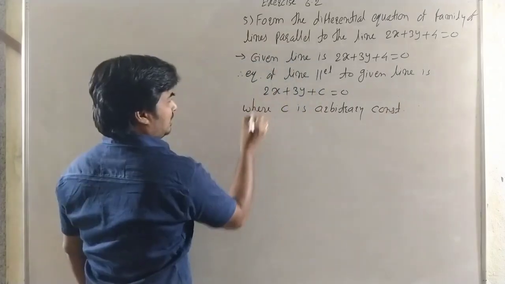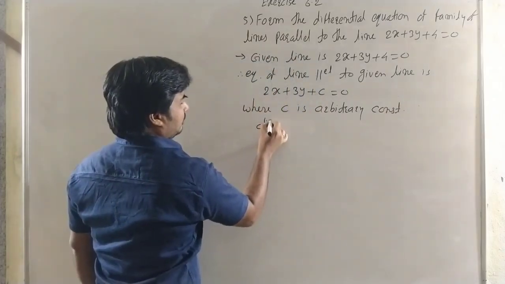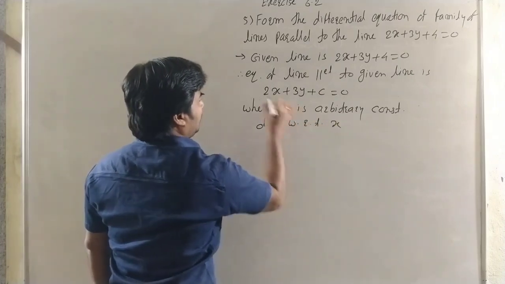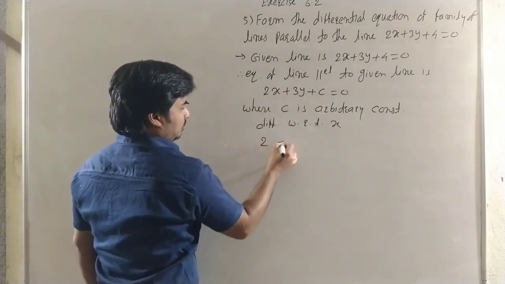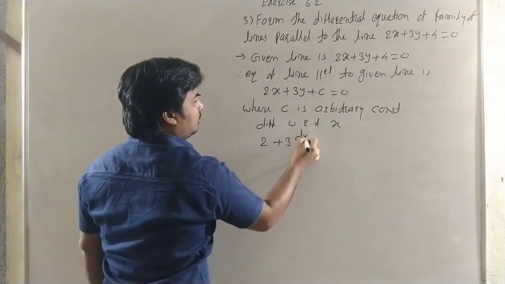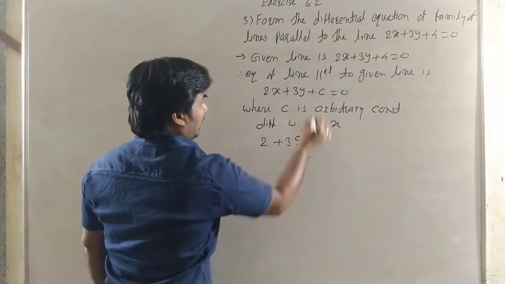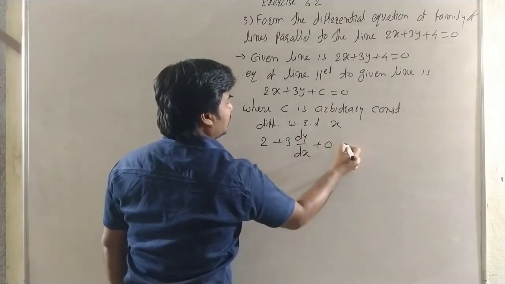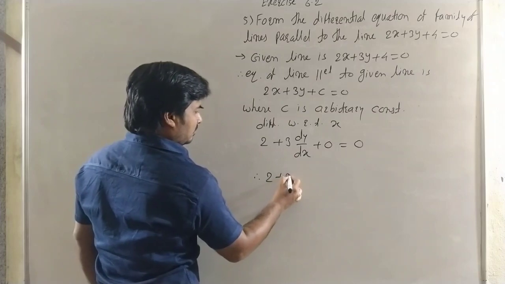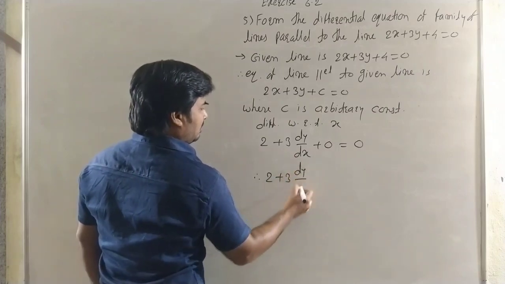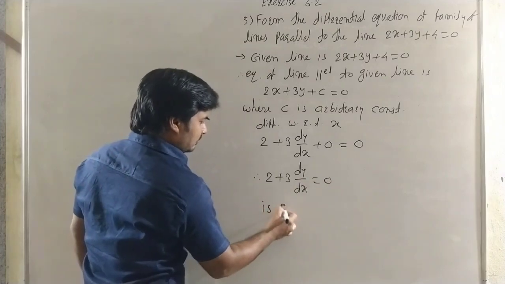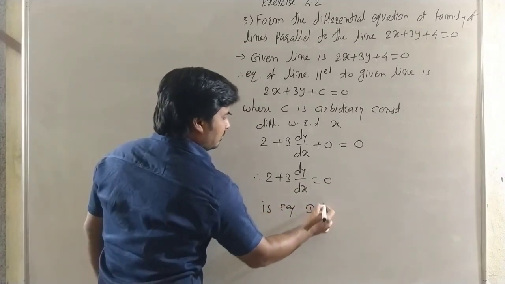Okay. Then differentiate this equation with respect to x. Derivative of 2x is 2, plus derivative of 3y is 3 into dy by dx, and derivative of this constant is 0, is equal to 0. Therefore 2 plus 3 dy by dx is equal to 0 is the required differential equation.